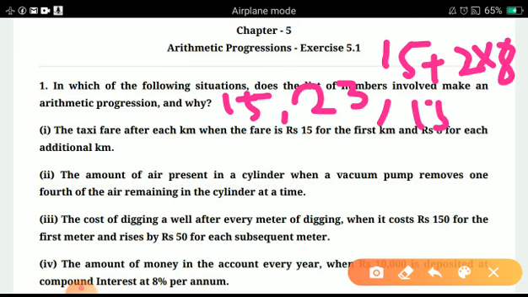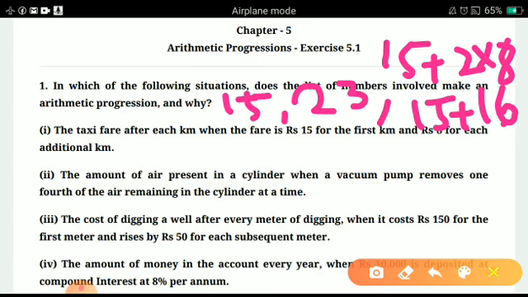That means 15 plus 16. That means I have to give 31 rupees. So 15, then 23, then next it will be 31. Okay, is that clear?